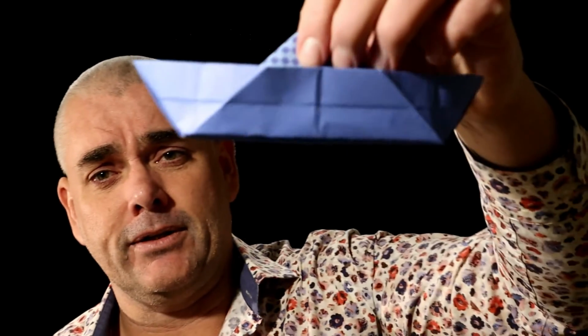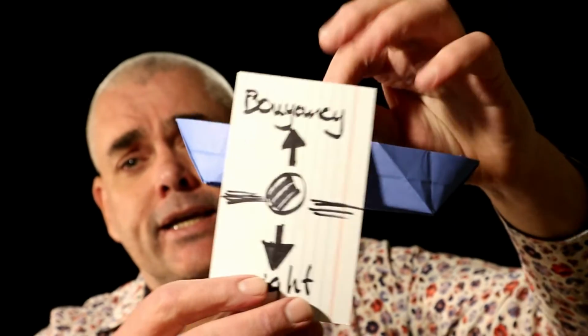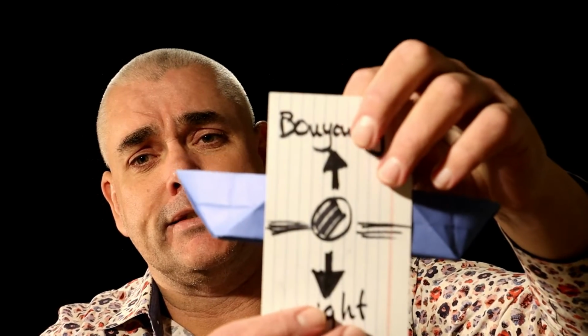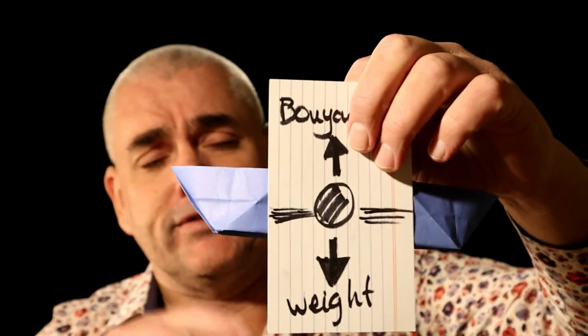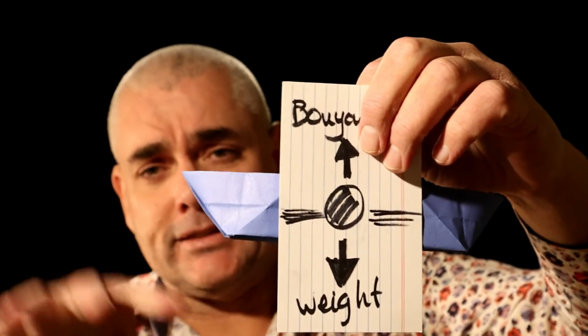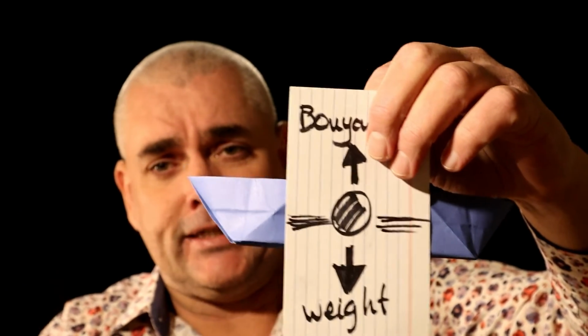And where that really comes into play is I've got my little origami boat here, and it's floating on the water perhaps. And the way we think about it is this. You've got the weight of the ship and you've got the weight of the cargo in the ship. That's making the boat sink down into the water.